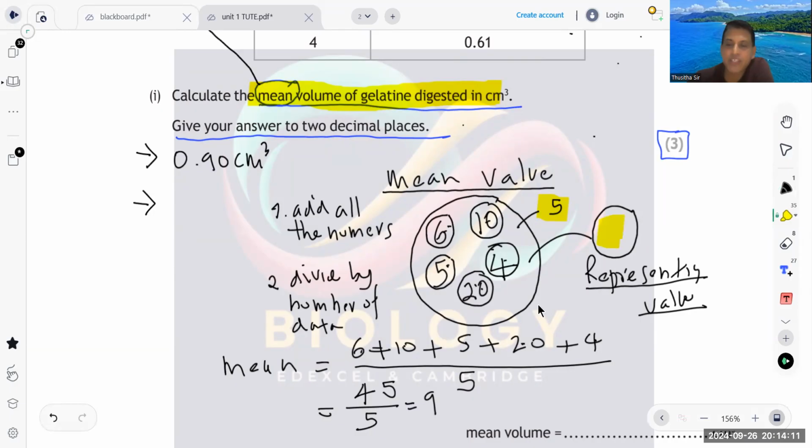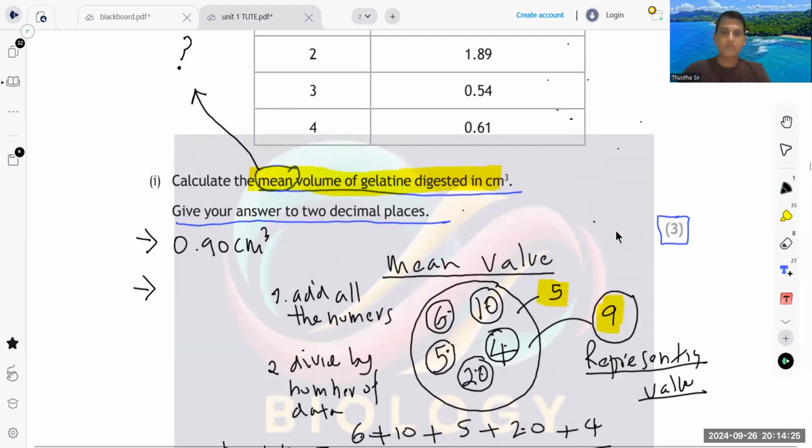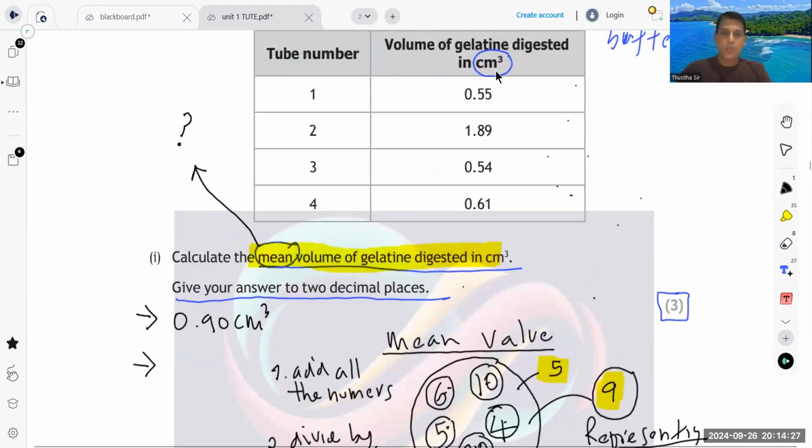Now I can write here: mean value is 9. So this is the mean value.